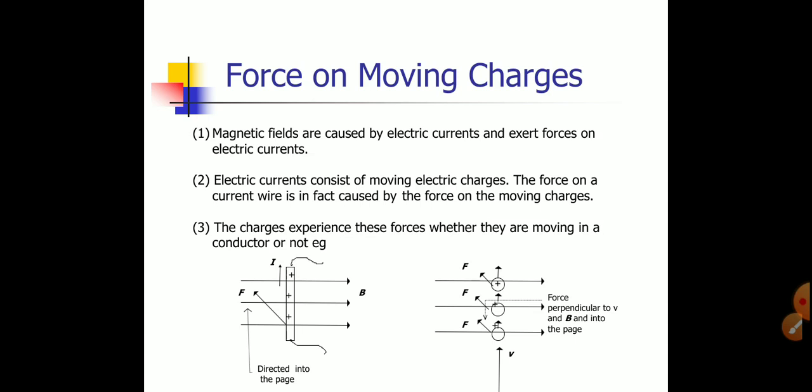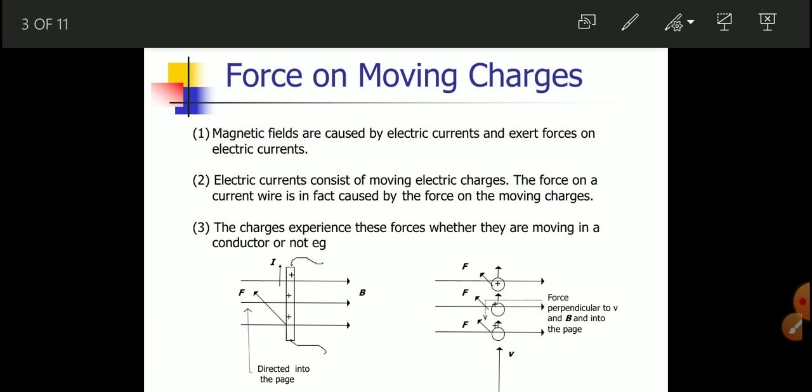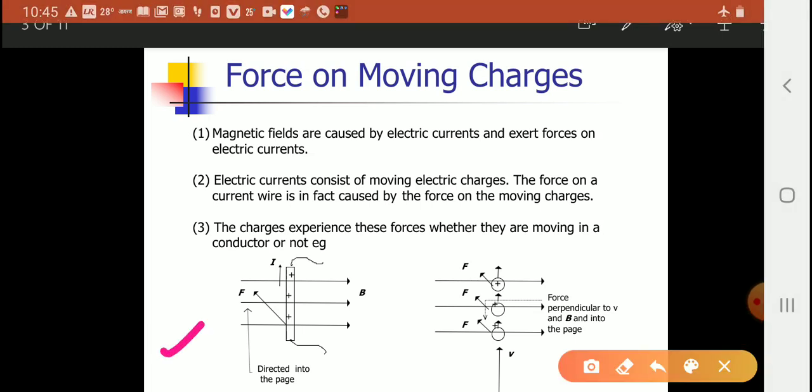So this is the force directed into the page, and this is also directed into the page. So first of all, this is the force, particular to B and into the page, and it is connected to force and different types of current.